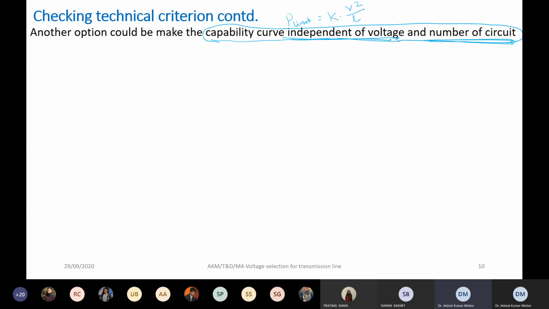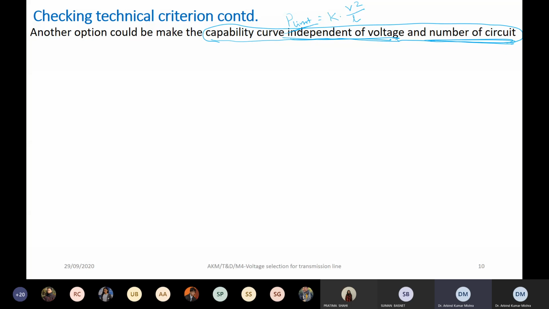Now I need to explore and share with you that since this quantity is power, if I divide numerator and denominator by V square, the right hand side of this expression becomes independent of V square.